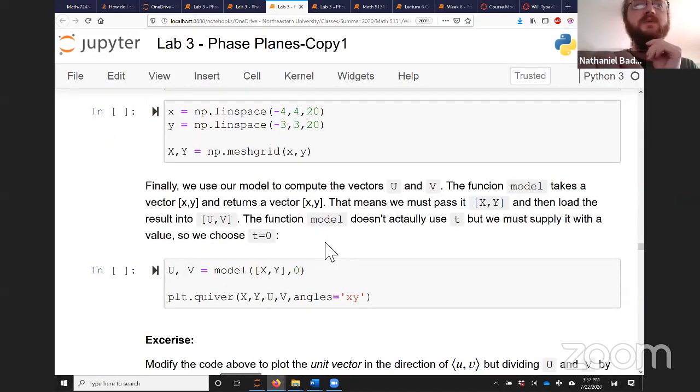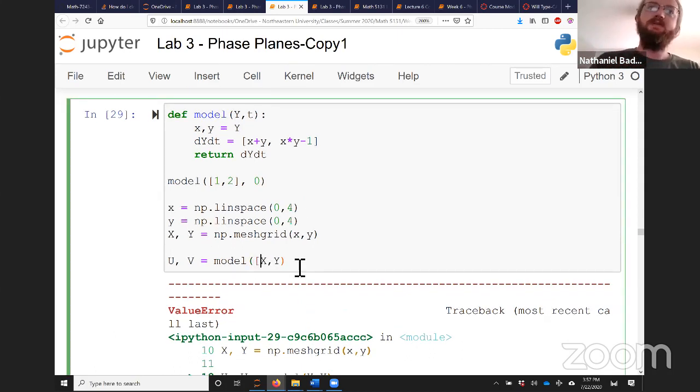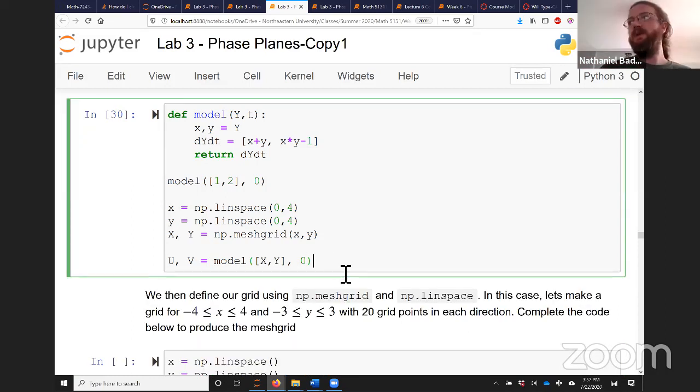Right, sorry. Need to put these in a list at time 0, and there we go. So what it's done, because again, since this is all being done component-wise, Python doesn't really think of these as being more than just component vectors.